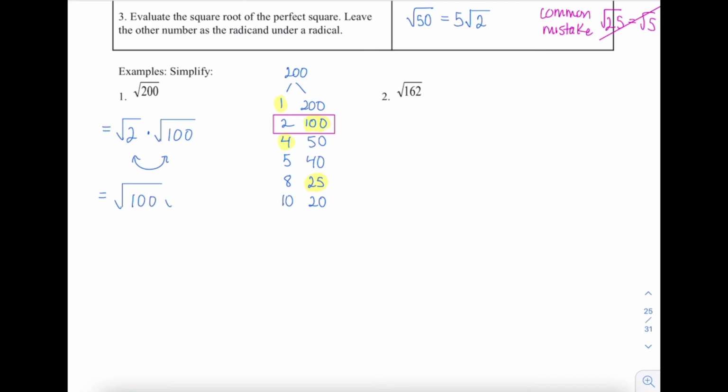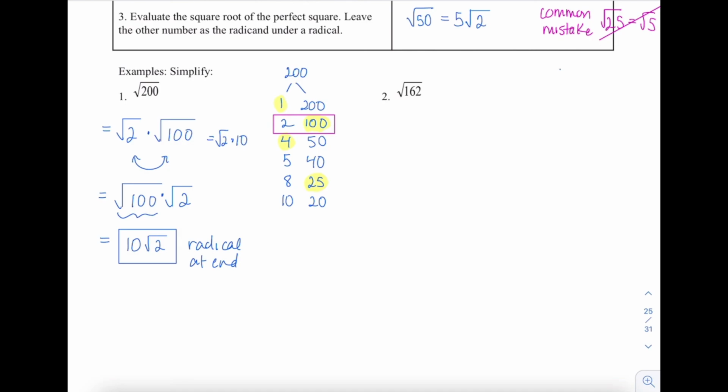And the reason is because I know I'm going to evaluate this 100, that evaluates to 10. And normally, had we left it the other way, we would have gotten root 2 times 10, and that looks weird. Okay, we usually put the radical at the end, and the whole number first. So square root of 200 is 10 times root 2.